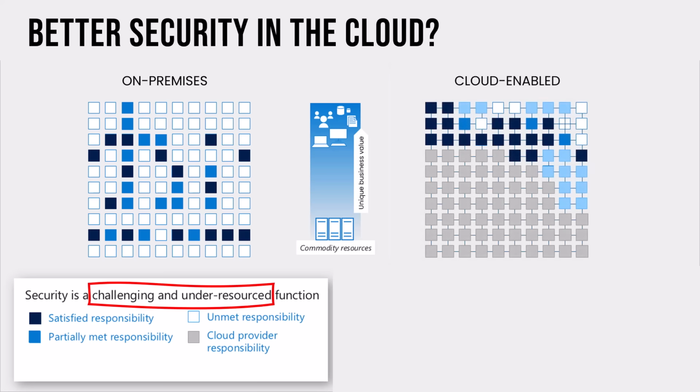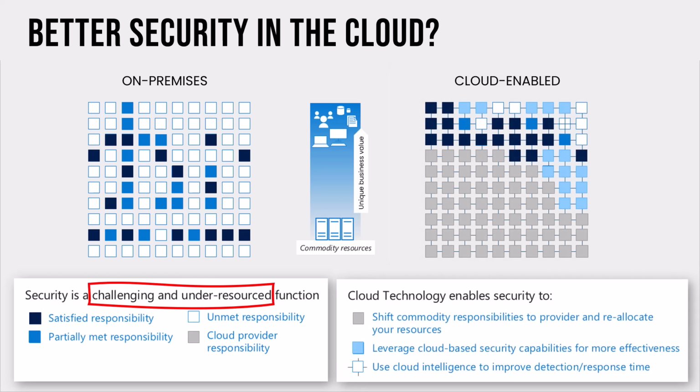When organizations move to the cloud, they immediately are able to shift some commodity responsibilities to the CSP, to Microsoft, and reallocate their resources to more business advantageous activities. So it's really shifting not only responsibility, but risk to the CSP.